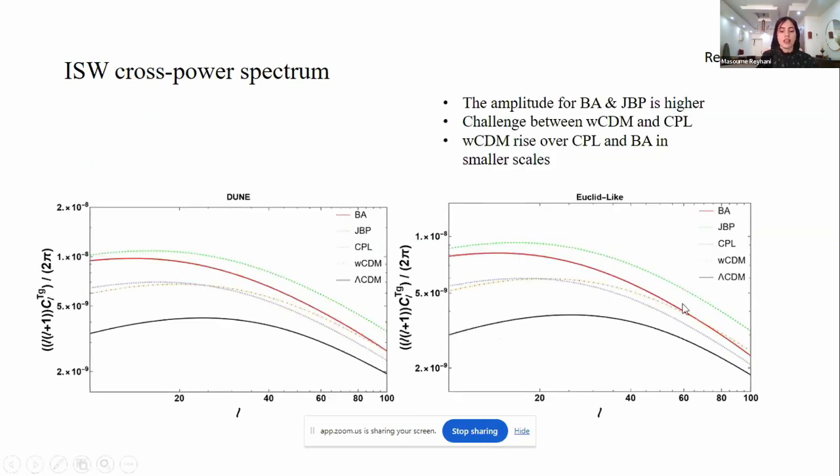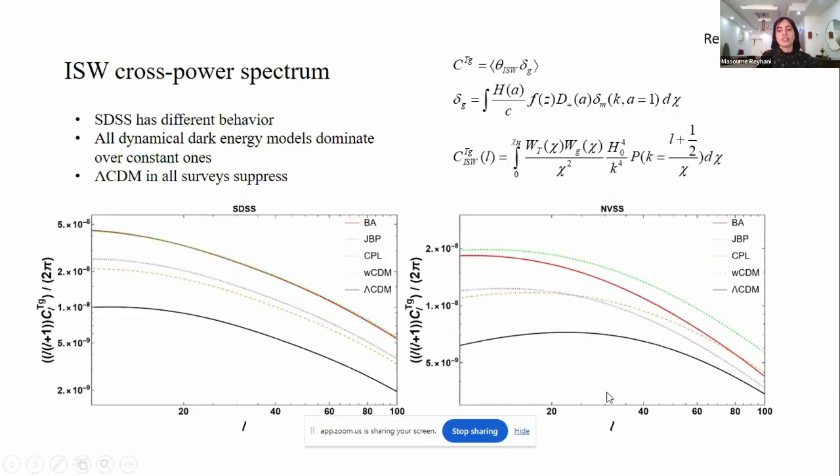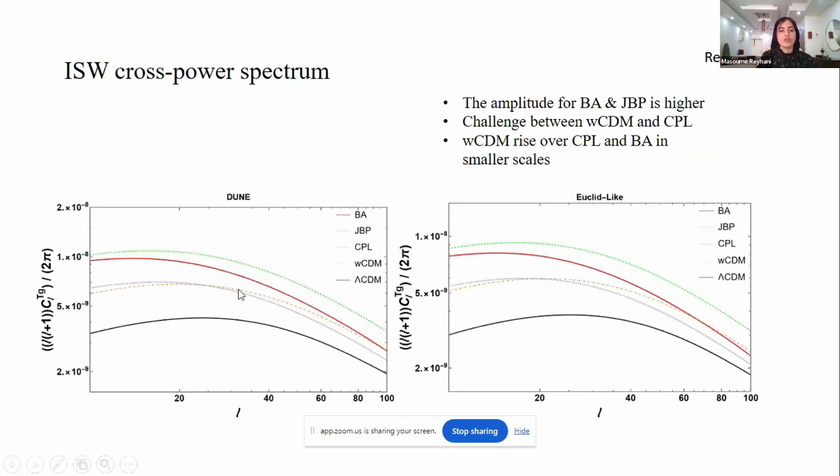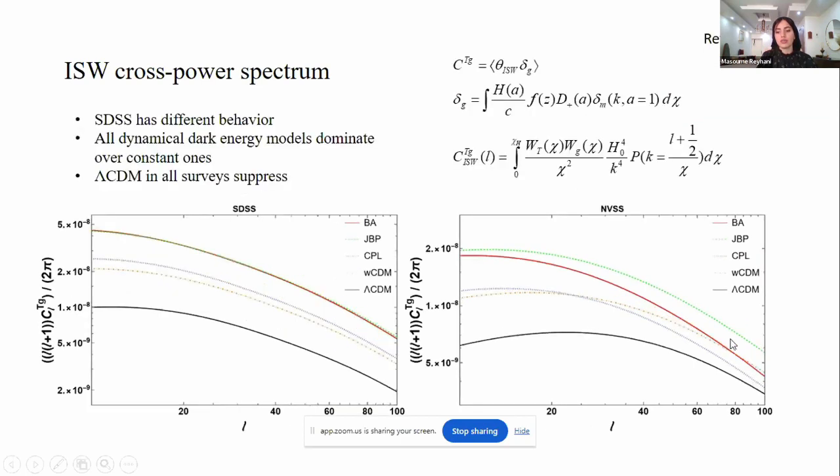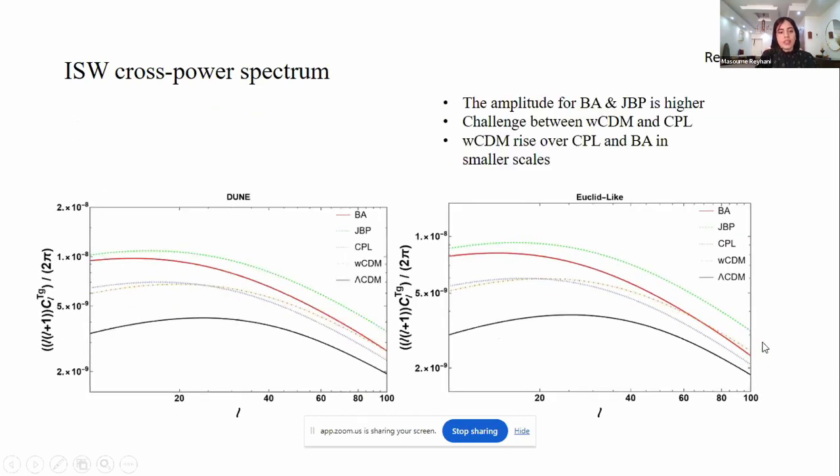In 3 of these surveys, DUNE, Euclid-like, and NVSS, we can see that they have almost the same behavior. In all of them, JBP and BA dominate over the other models. And we can see a competition between the wCDM and CPL models, that by moving toward larger Ls, the wCDM model is rising over CPL, and in some cases, we can see it rising over BA too.